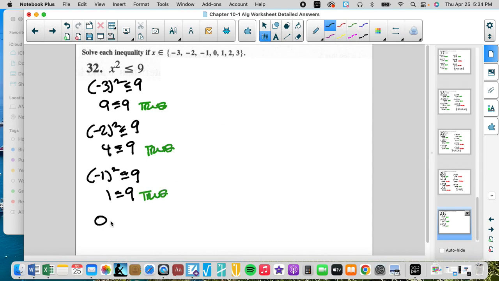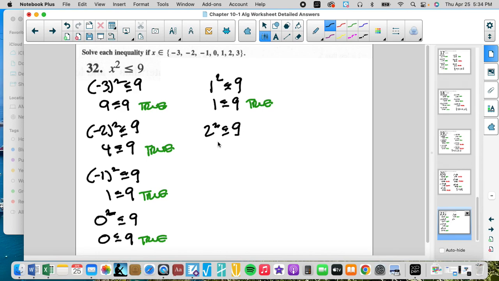Is 0 squared less than or equal to 9? Is 0 less than or equal to 9? That is true. Now, 1 squared less than or equal to 9. Is 1 less than or equal to 9? That's true. Is 2 squared less than or equal to 9? Is 4 less than or equal to 9?